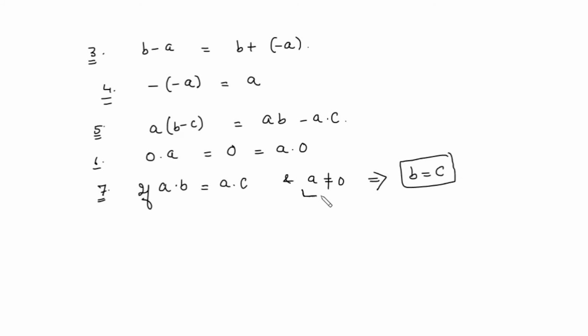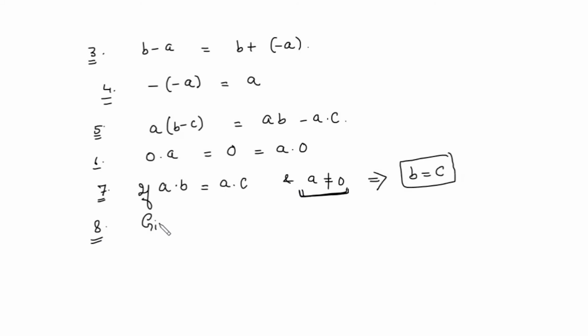So the condition is that a should be non-zero, only then you can cancel out the terms from the left side with the right side, right? So whenever a b is equal to a c and a is a non-zero number, you can cancel out both sides and you will have b is equal to c. So these are the operations you can do on the real numbers, and these things hold. So these are some algebraic properties of R.